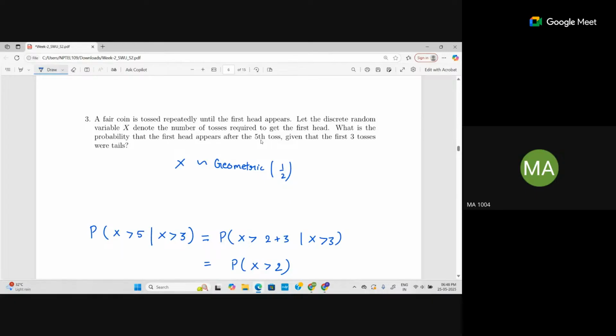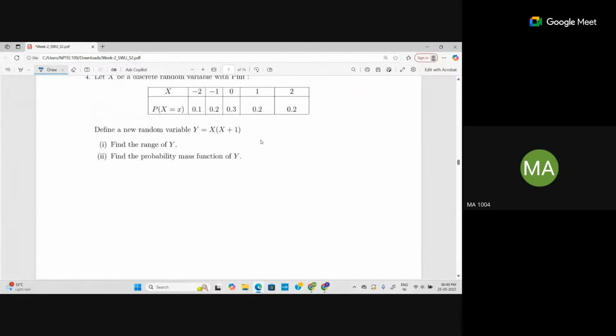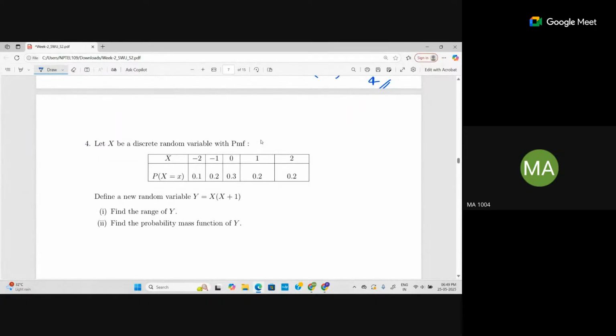Can you repeat the question again? 2 players, say P and Q, were tossing a coin. If you have 3 heads, then you win the game. So, what is the probability of the second player winning the game at the 5th toss? Okay, that is not based on these topics, I guess. I think it's not in week 1. Okay, I'll see this question when it comes in the doubt session.